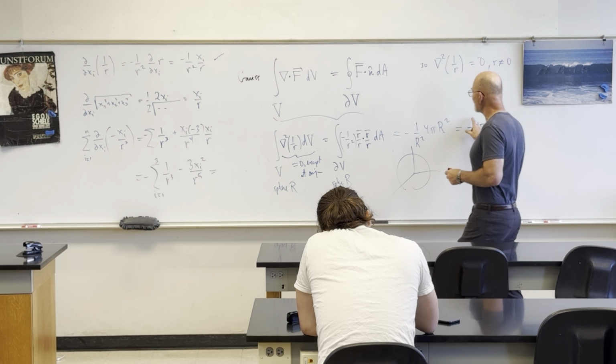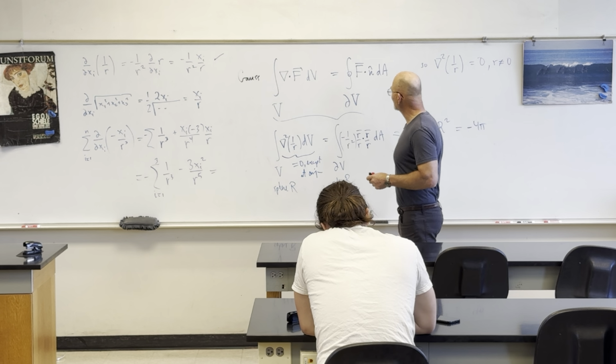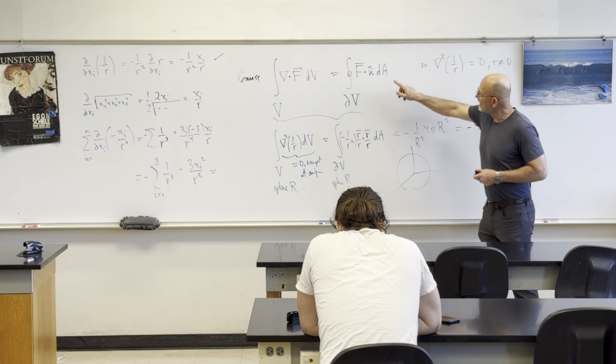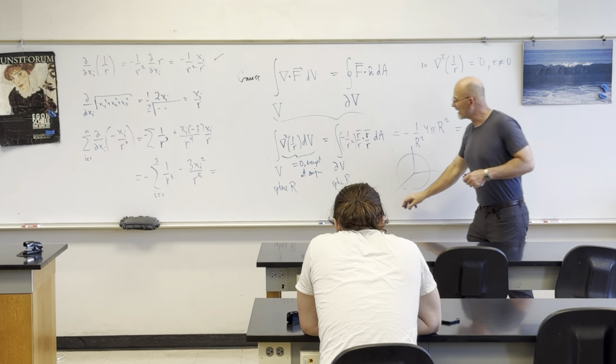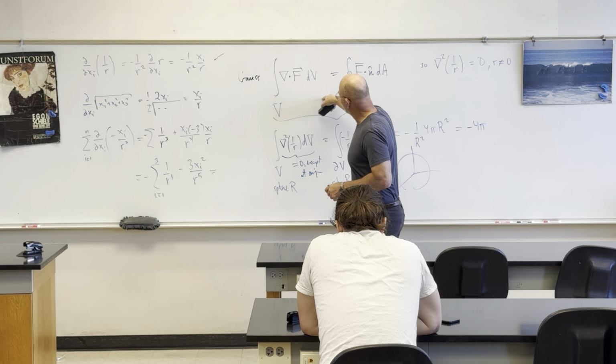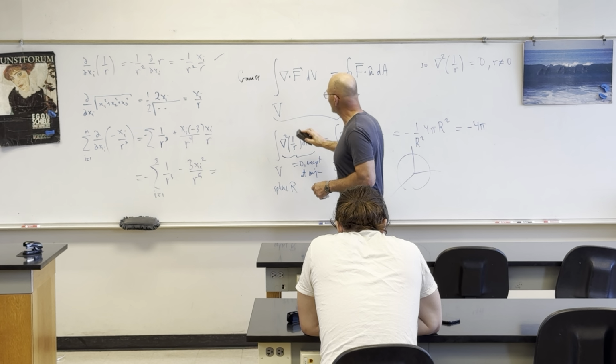And sometimes you absorb the minus sign into here because it's minus 1 over r, but that makes no difference. Okay, I'm going to erase this and keep this guy up here and then try to discuss the meaning of this integral theorem. See if we can pull that off. Okay.